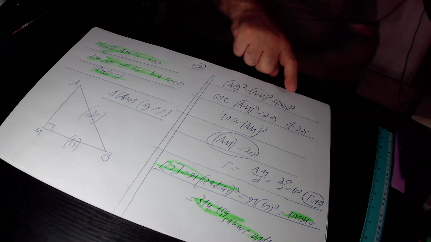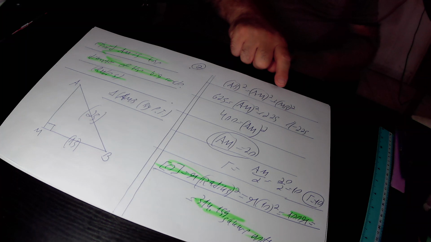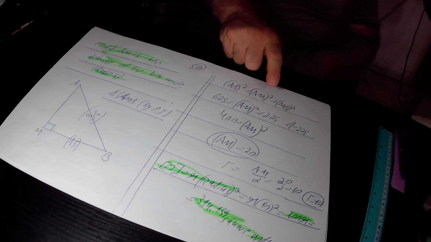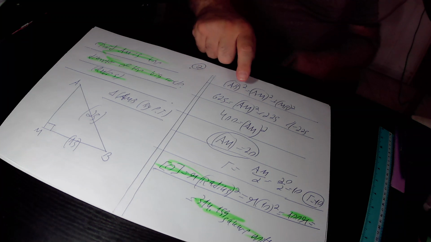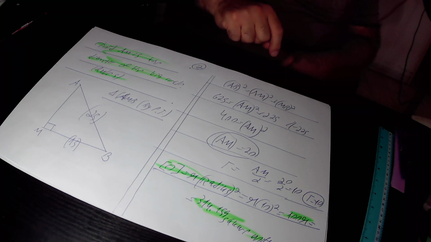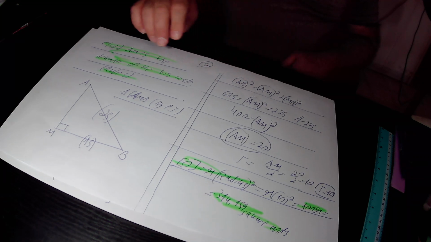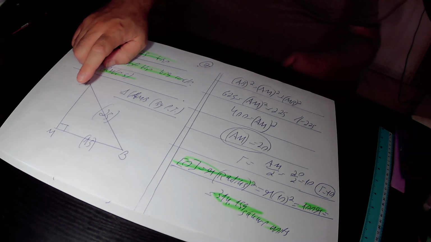If we subtract 225, 625 minus 225 is 400. So 400 equals AM squared. Finally, AM, the missing side, is equal to the square root of 400, that is 20. The missing side AM equals 20 units.